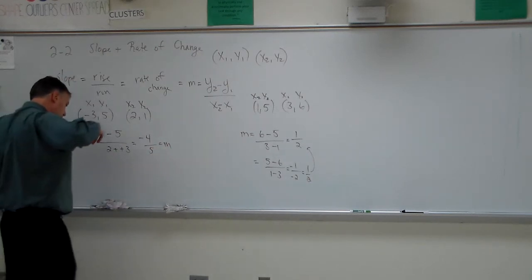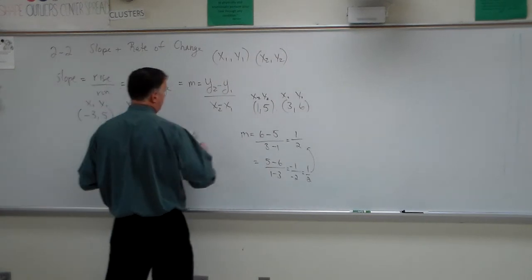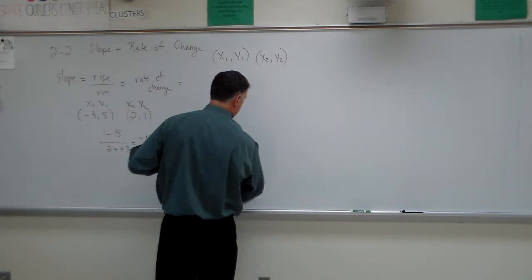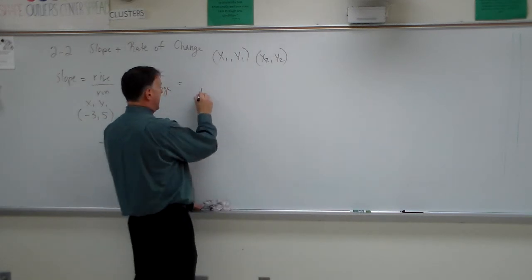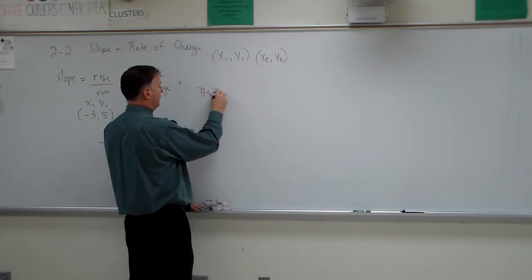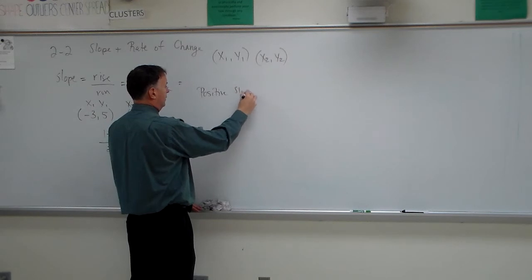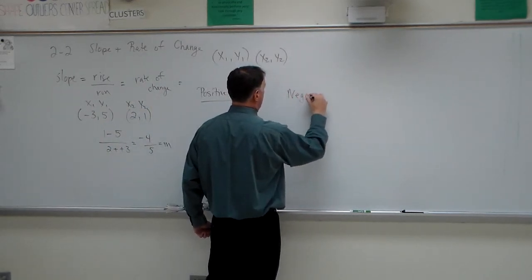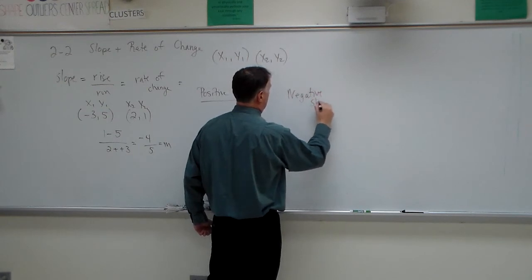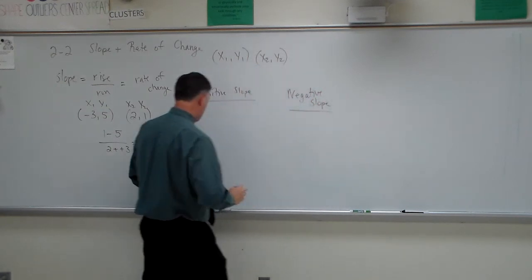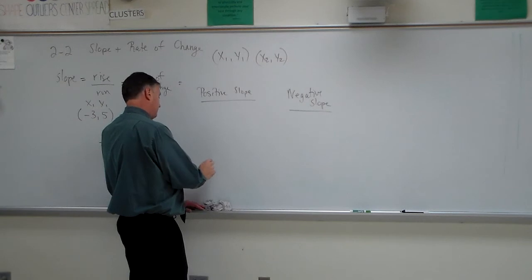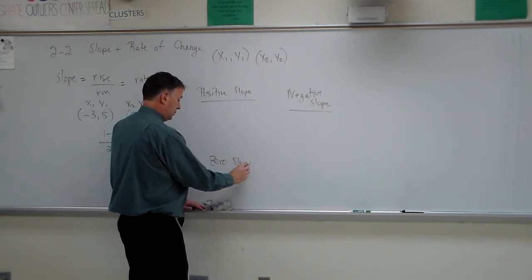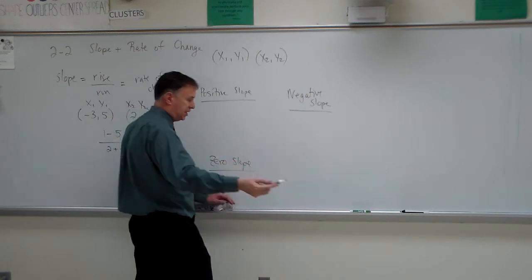Now, when we find slope, there are different things that can happen. We can have a positive slope. We can have a negative slope. We can have zero slope, or where slope's equal to 0.